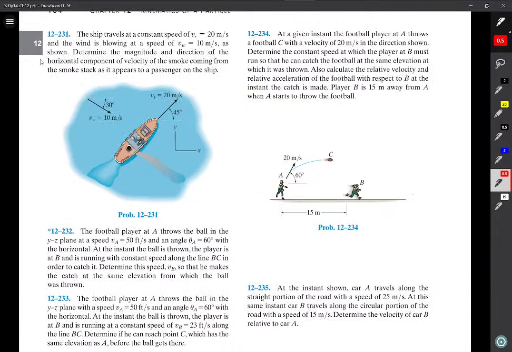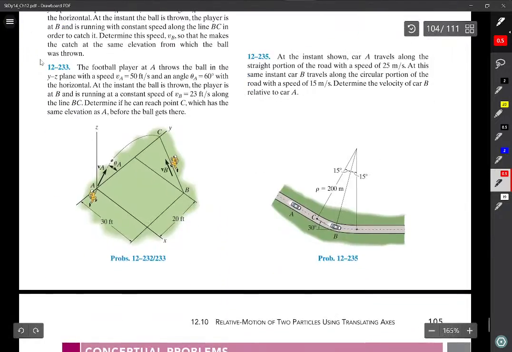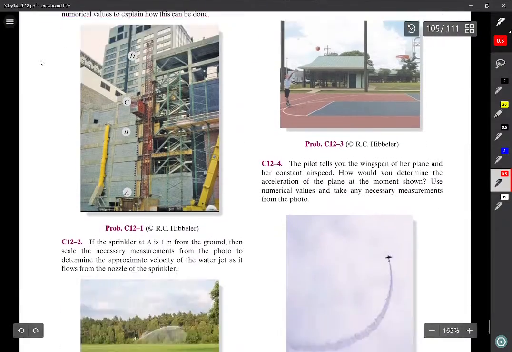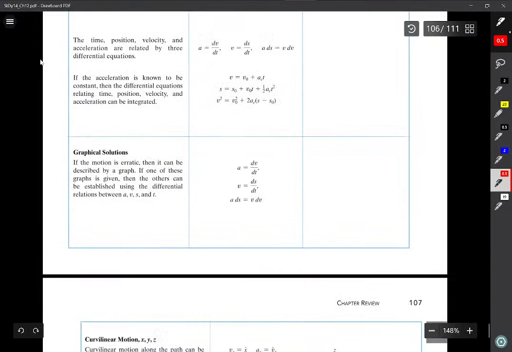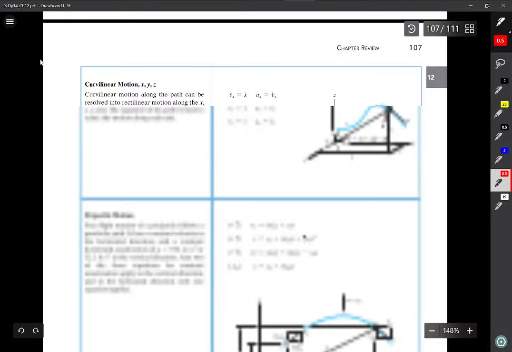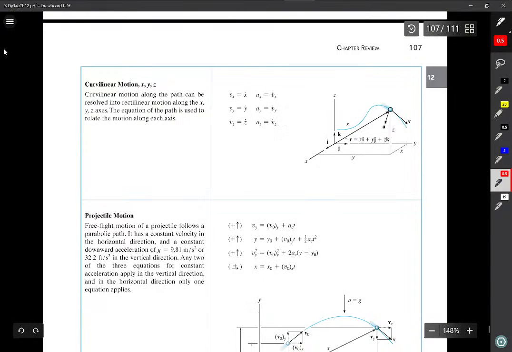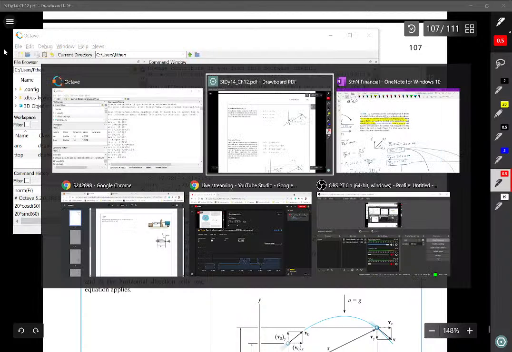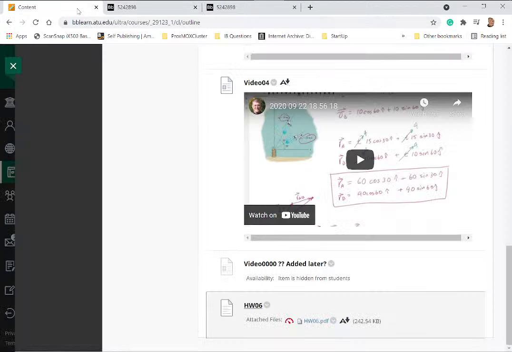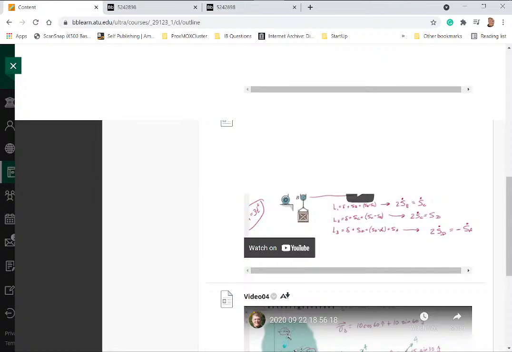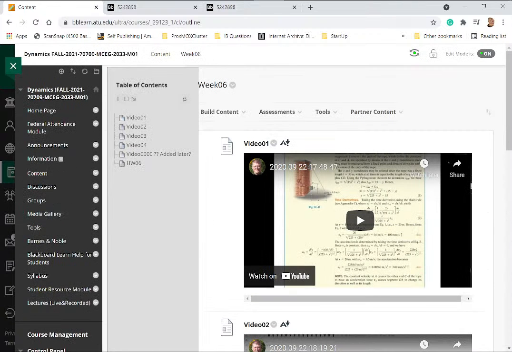So at this point, let's see, what time is it? The only other thing I can give you is a guide as far as what happens next. Let's go down to here. This, in fact, is week 6.